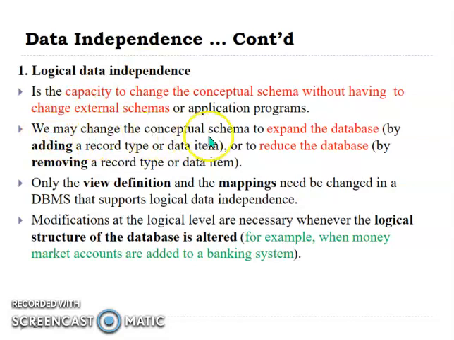That means we may change the conceptual schema to expand the database, adding records to the table, or to reduce the data stored in a database, that means removing records. Only the view definition or mapping needs to be changed in a database management system that supports logical data independence. This is what we call logical data independence.